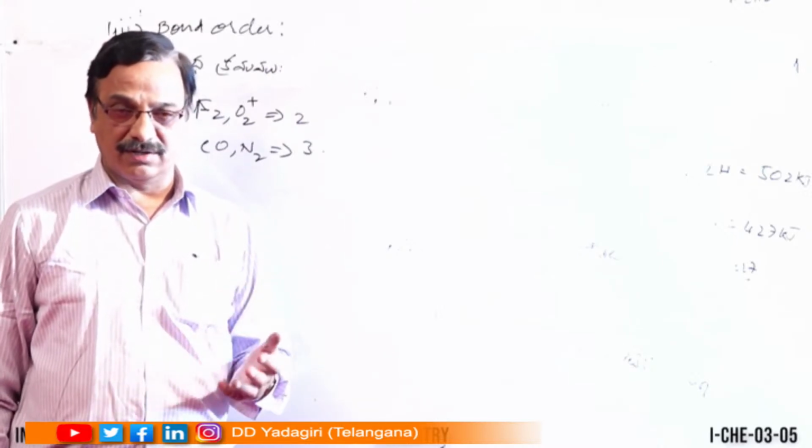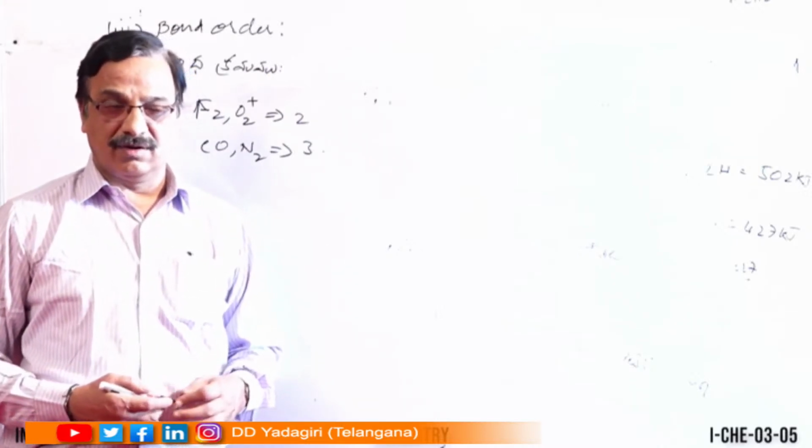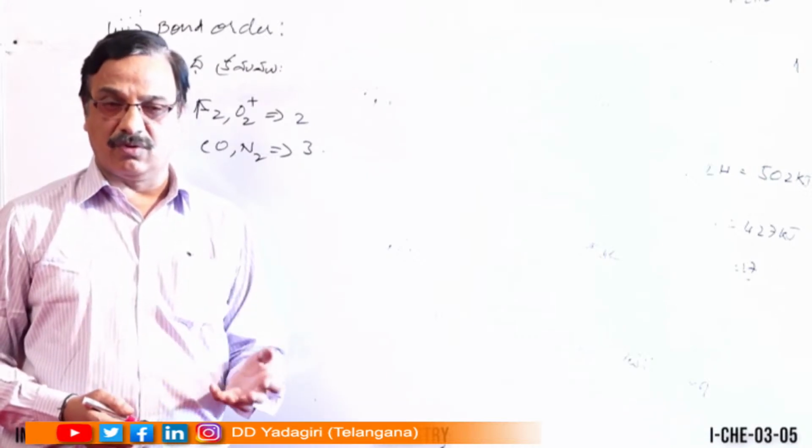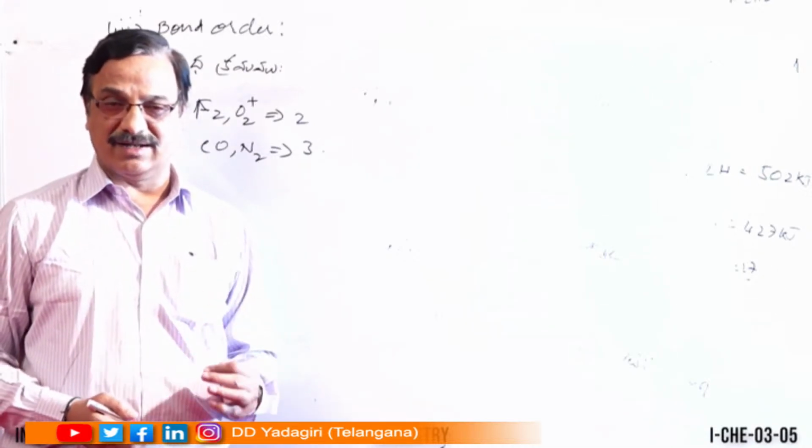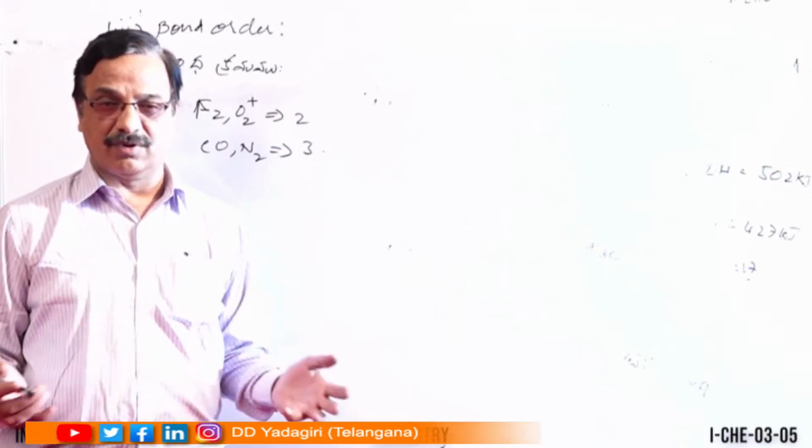When bond order is more, then bond enthalpy is more, bond distance is less, and the molecule is stable.